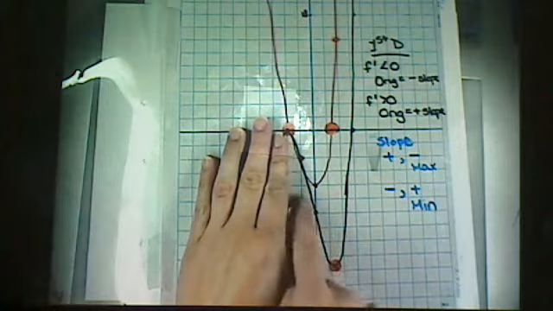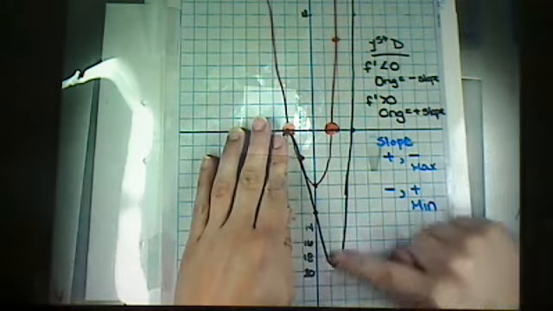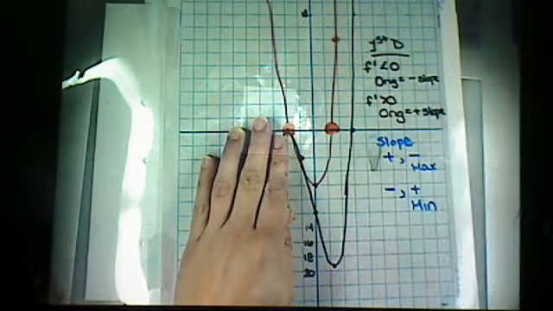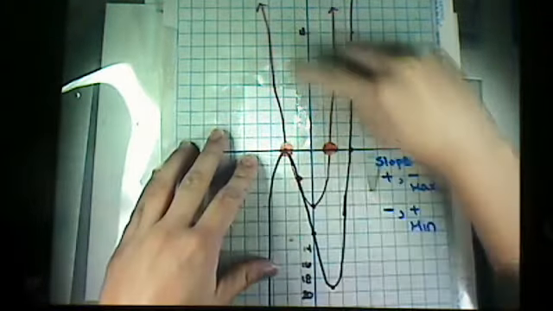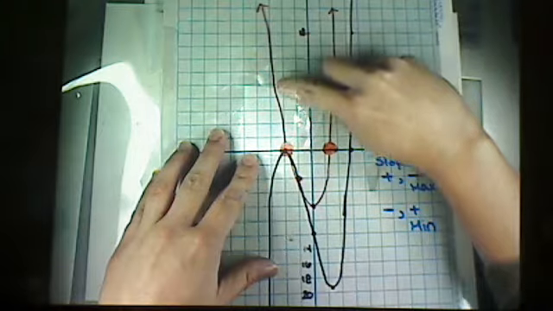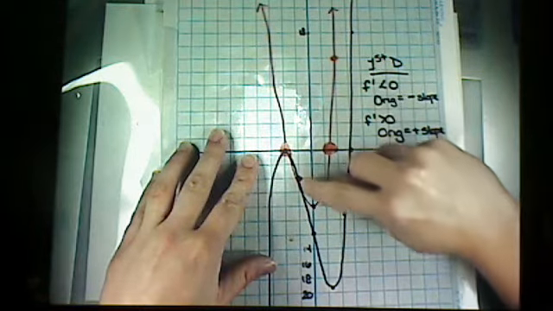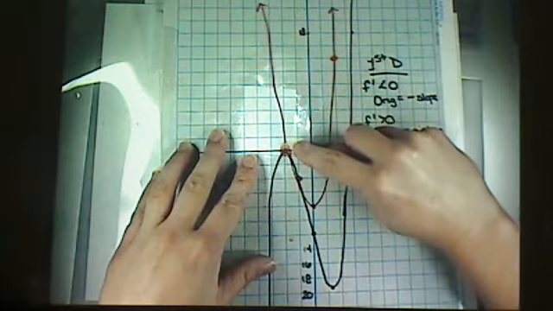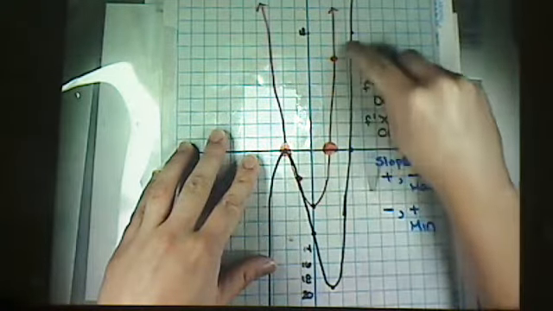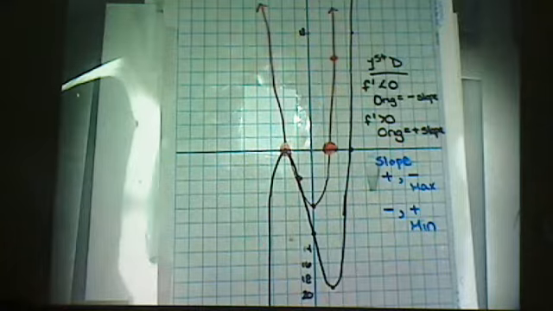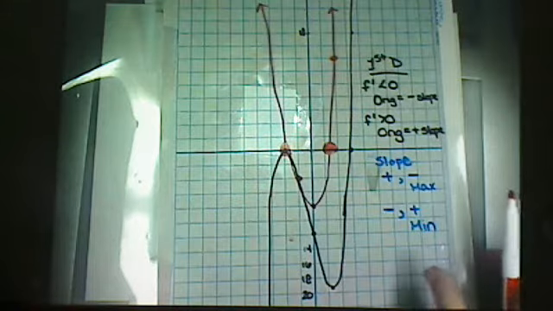Whereas if you have a negative slope and then a positive slope, that means you're going to have a minimum. So the first derivative tells us specifically maximums and minimums. Not just where they're located, but what they are.